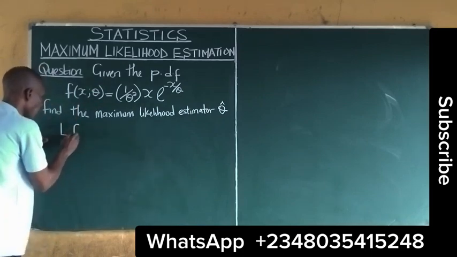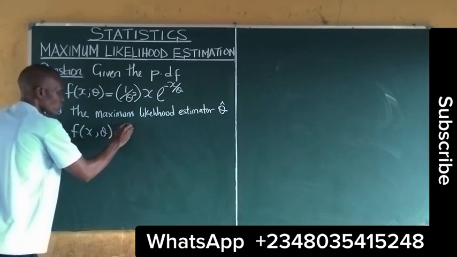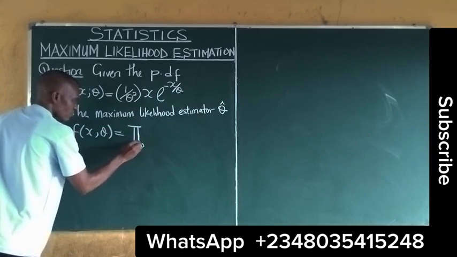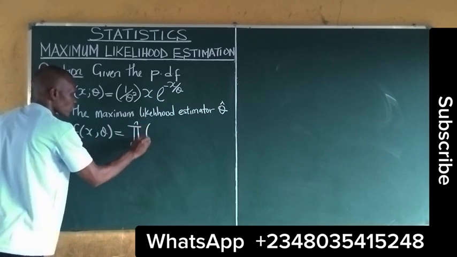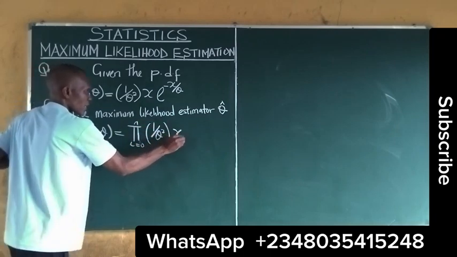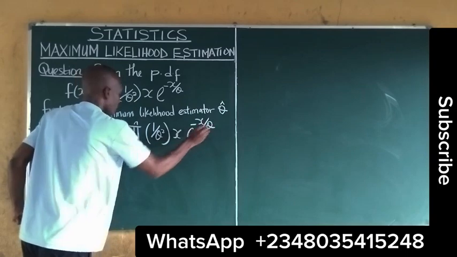The likelihood function of f of x, theta will be equal to the product of this function, 1 all over theta squared times x exponential x over theta.